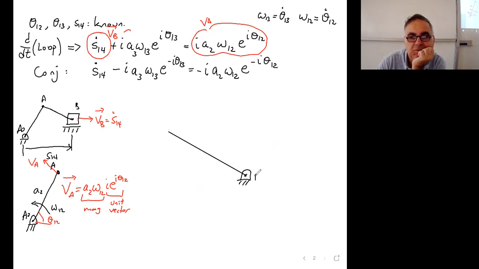This is B. This is counterclockwise. Omega 1 3.